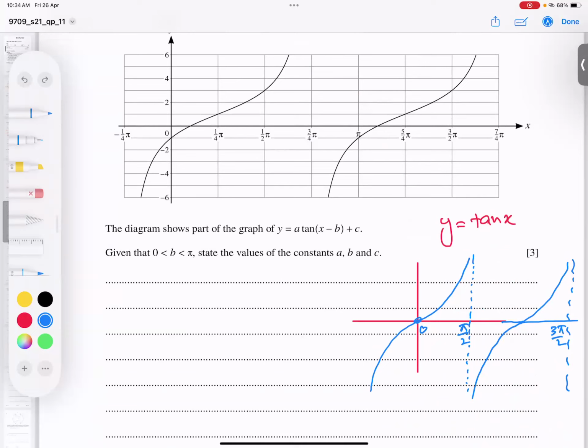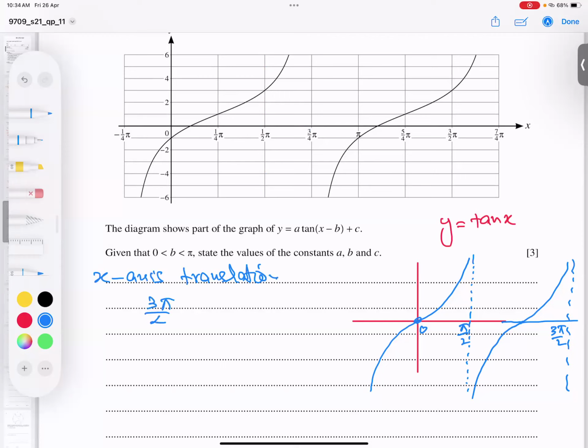So it means originally it was here, but it shifted here. And this is called x-axis shifting, or x-axis translation. So I can say that the x-axis translation is how much? I can find it: it reached 3 pi by 4, but it must be here.